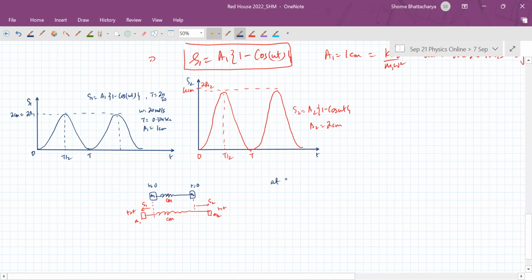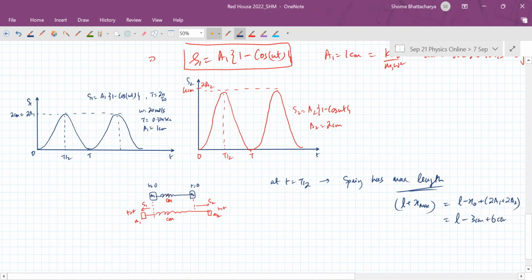So you can see that at t equal to t by 2, the spring has maximum length. That will become L minus 3 centimeters plus 6 centimeters, so it will become L plus 3 centimeters.